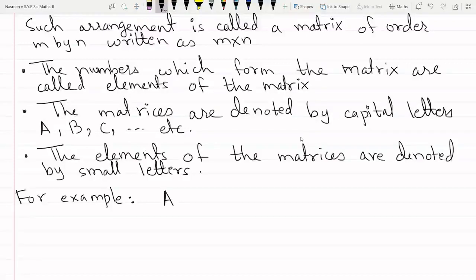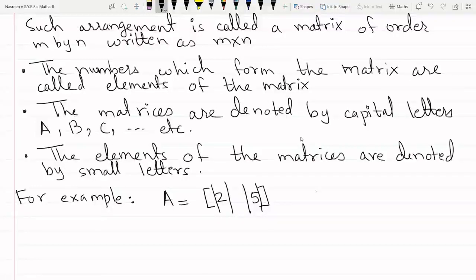Let me denote that matrix by capital letter A. It has only one row. Let me write any numbers inside that row: 2, then 5. Because it has two columns, one column is this, the other column is this, and it has only one row.